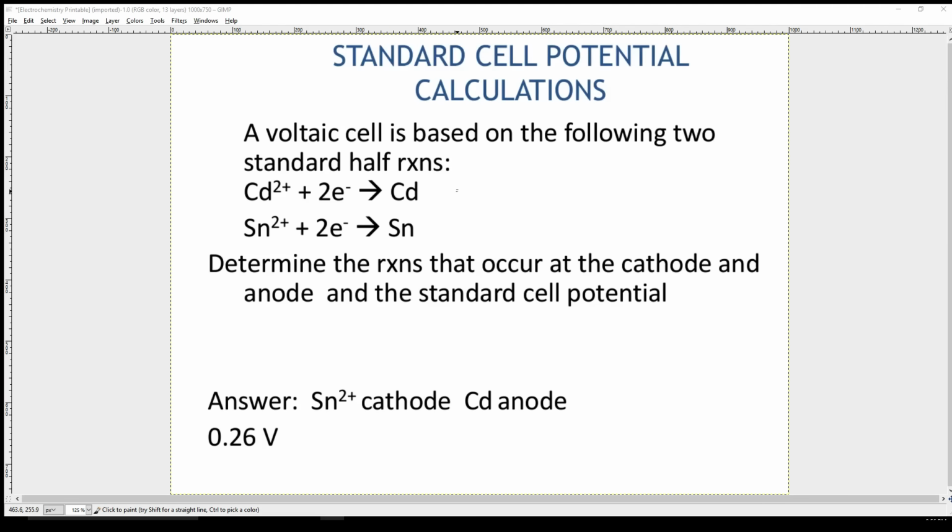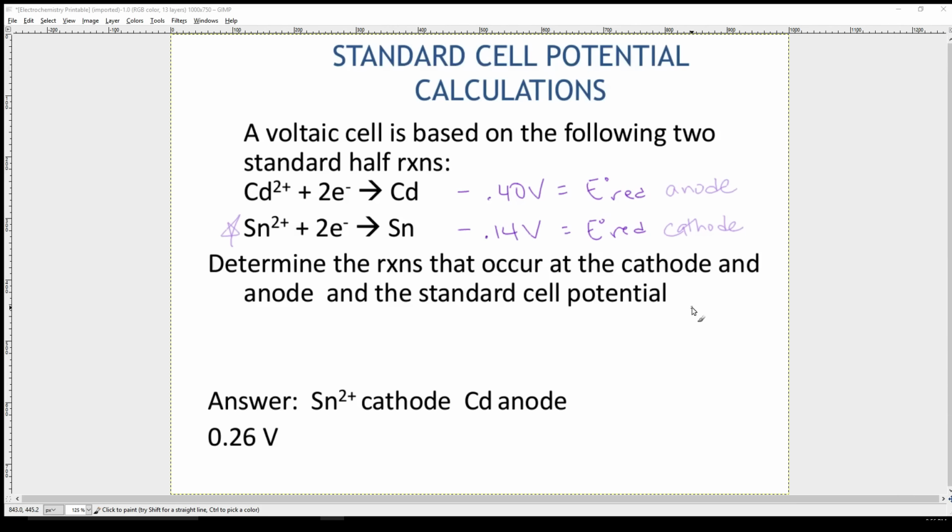So cadmium, you would have gotten a negative 0.40 volts is its standard reduction potential, while tin has negative 0.14 volts. So neither of these guys are too thrilled about being reduced. But one of them is more likely to be reduced than the other, the one that is more positive than the other, which would be tin. So this is going to be my cathode, and that'll be my anode.